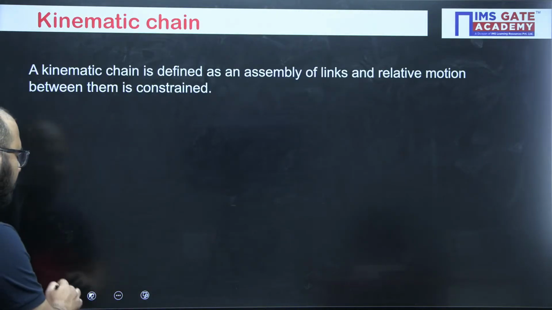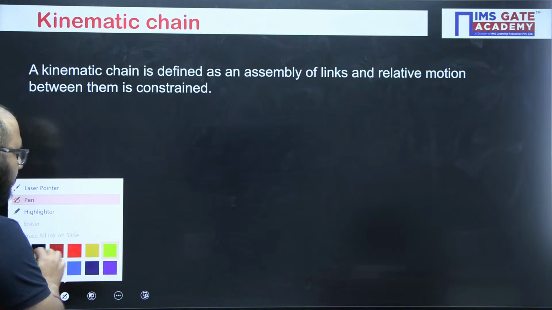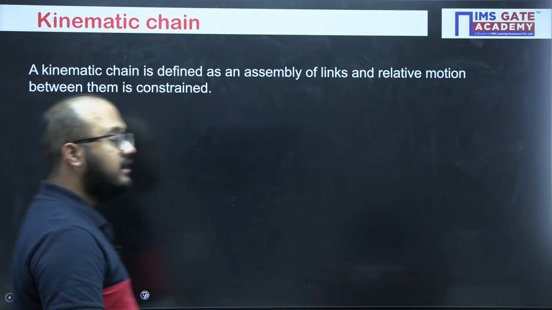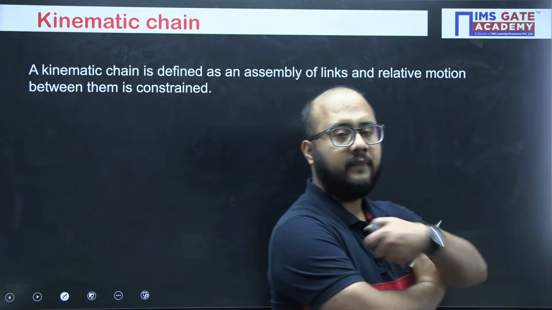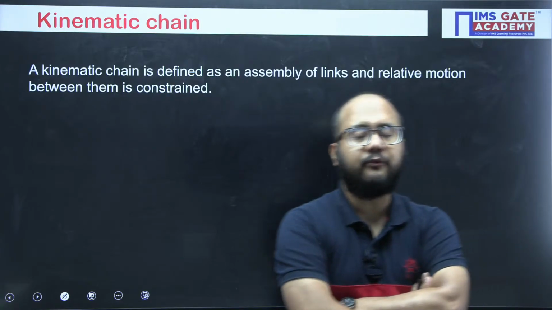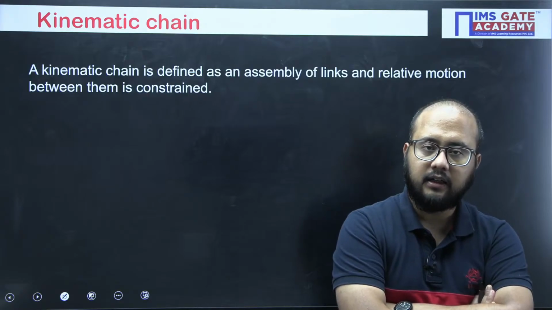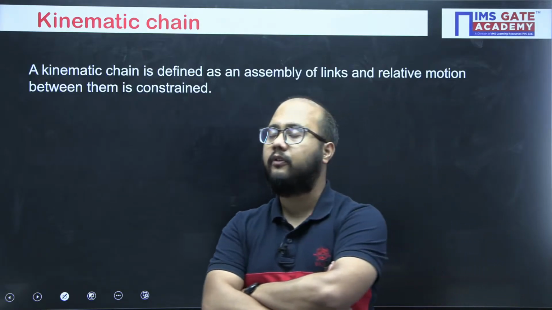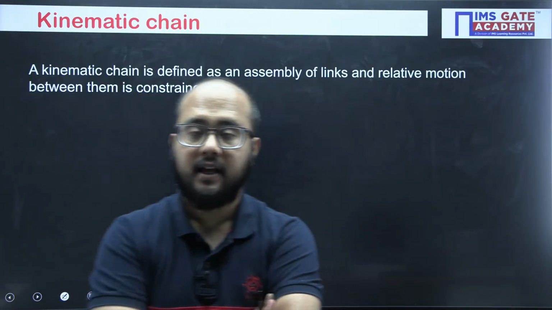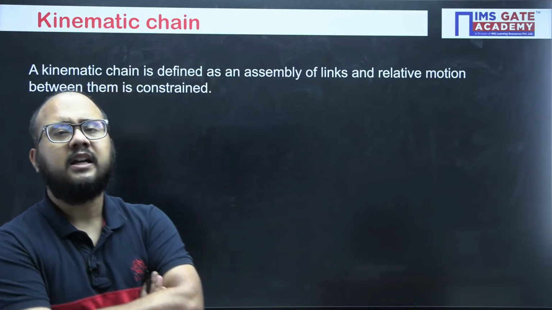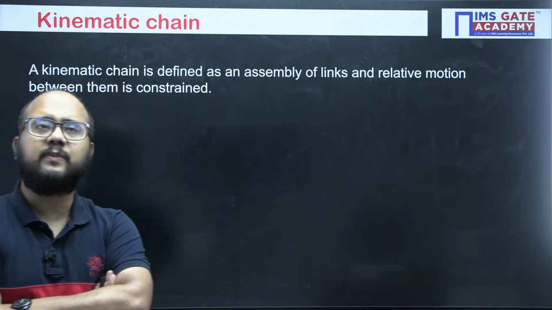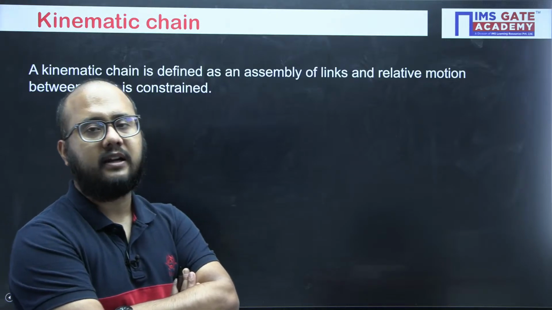Now coming back to the next very important topic, that is the kinematic chain. Till this point we have covered kinematic link and kinematic joint. Now, what do you mean by kinematic chain? A kinematic chain is basically an assembly of different links.